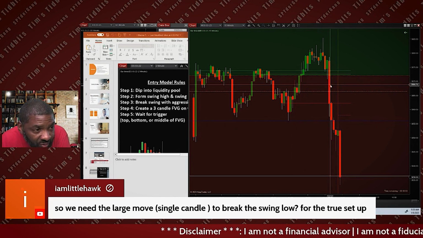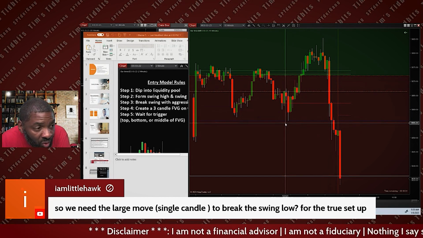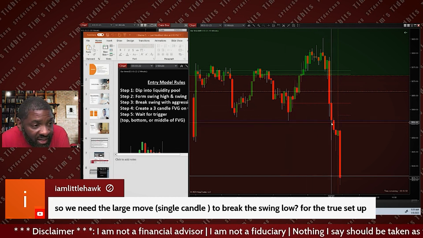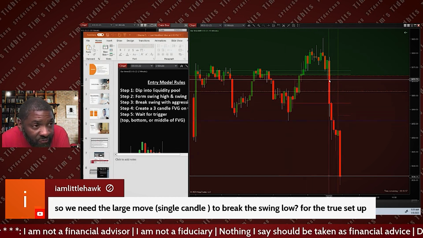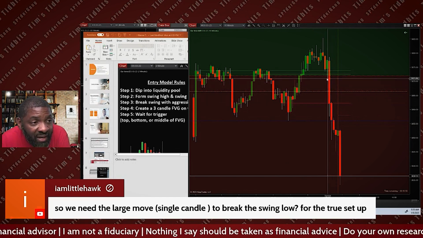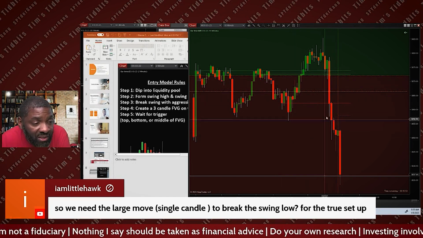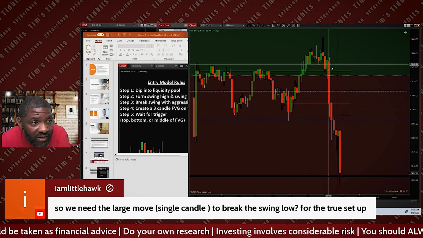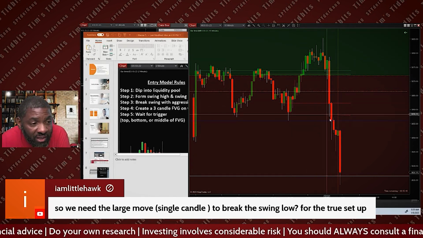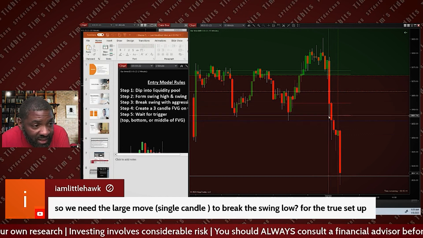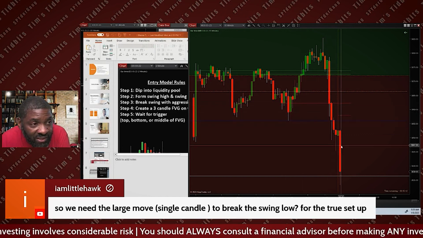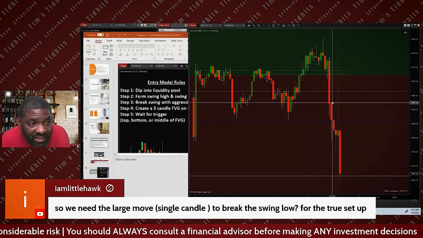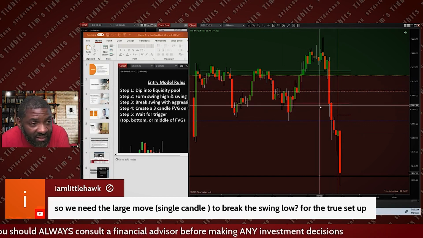If this candle would have come down and broken the market structure right there, and then this candle formed that fair value gap that it did, this too would be the start of the liquidity run reversal. That would be one there, and then it would have went right into another one. But since this candle stopped, this is a different setup. This is a different entry model. It's not the liquidity run reversal.